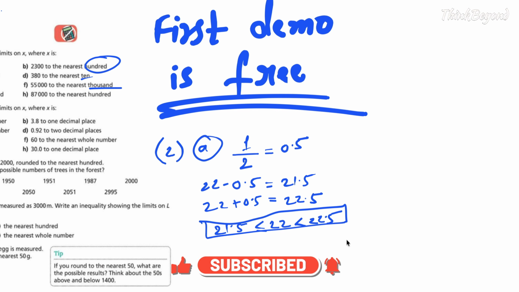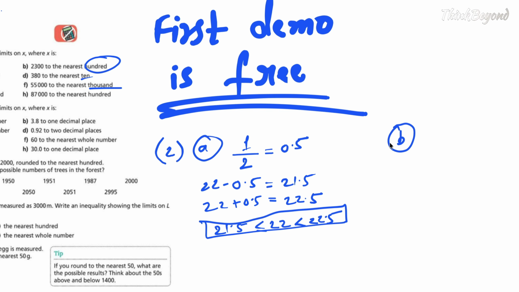Now for question 2B, 3.8 to 1 decimal place. 1 decimal place means 0.1. Okay. Now half of 0.1 is 0.05. First subtract 0.05 from 3.8, which will give you 3.75.